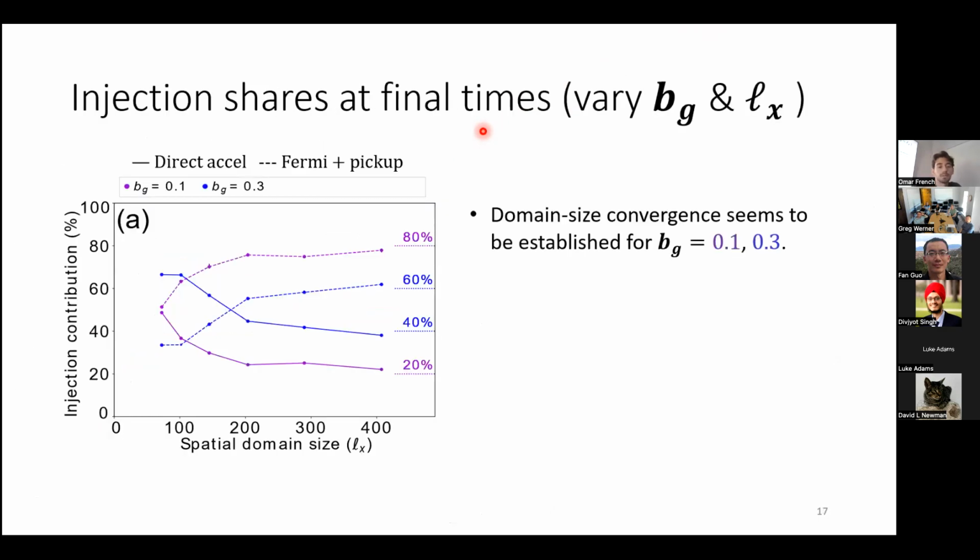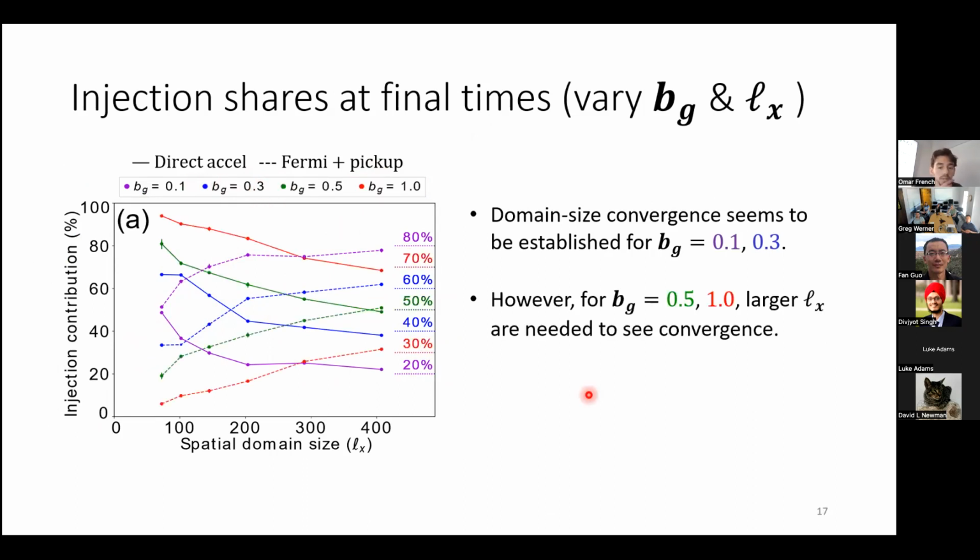So now, to discuss their shares at final times, we find a reasonable convergence with domain size, almost, for weaker guide fields. As you can see, this purple line seems to roughly stabilize around 80%, let's say, for the Fermi pickup combined share at final times, and for 0.3, maybe around 60%, and obviously these complementary quantities for direct acceleration are 20 and 40%.